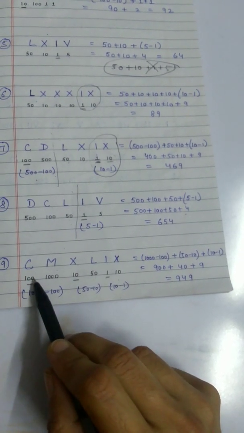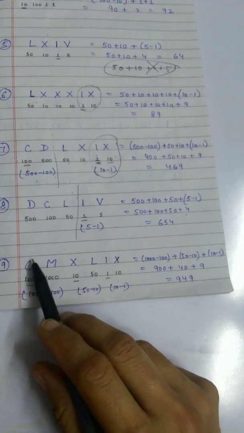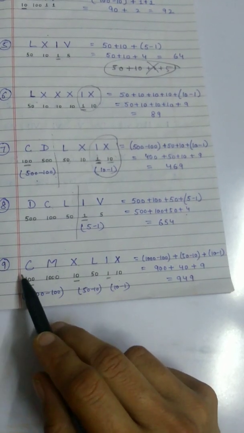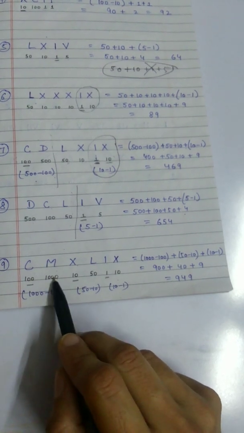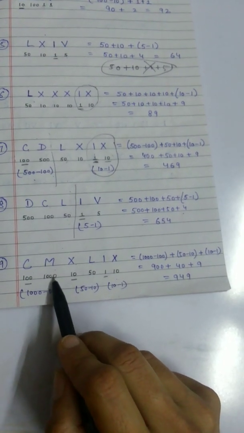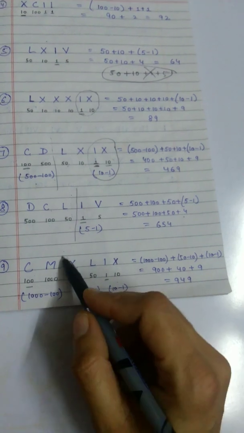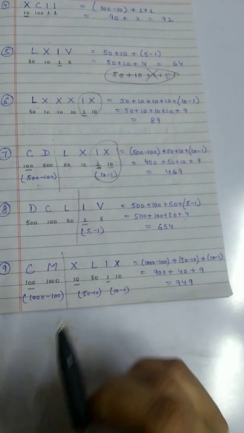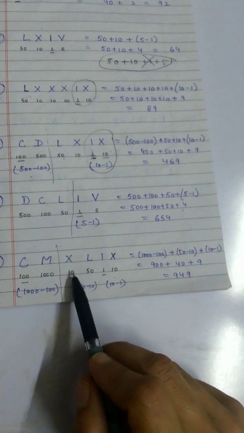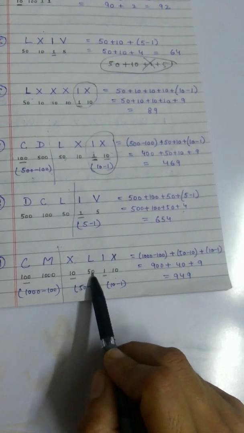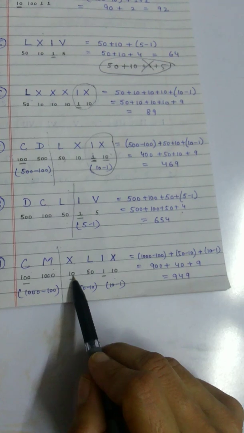Okay, so smaller value symbol is on the left or comes before a bigger. So this is subtracted, right? So 1000 minus 100, we'll do one calculation till here.